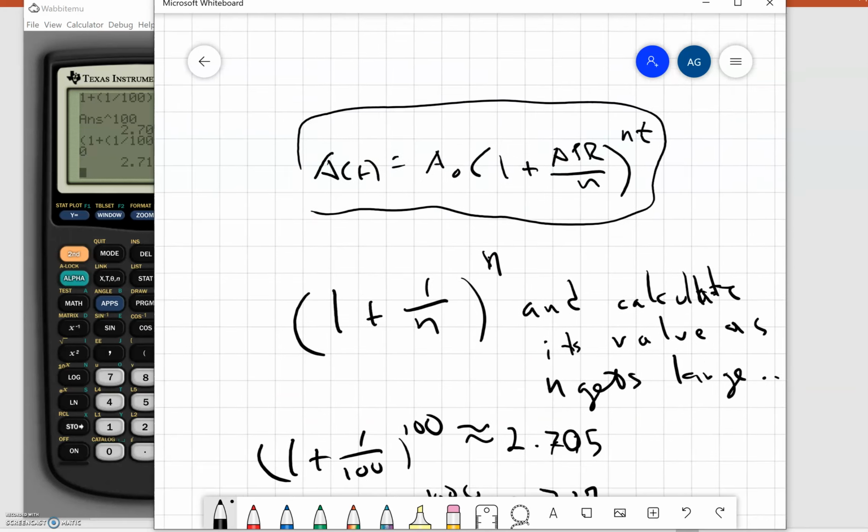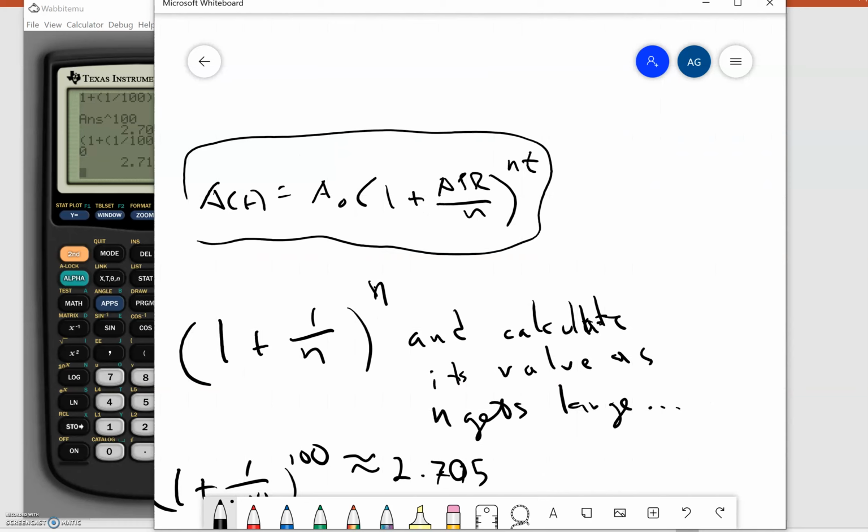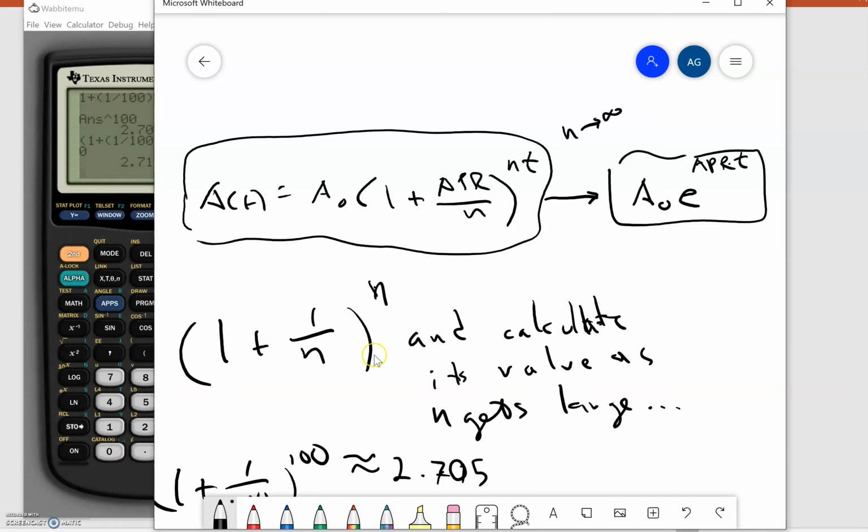And so our formula, as n, and there's a few little mathematical details that I'm skipping over here, but the basic idea is that as this n value gets really large, this expression approaches a sub 0 times e to the APR t. Okay, so that's just a little justification for why in the world we use this weird e value.